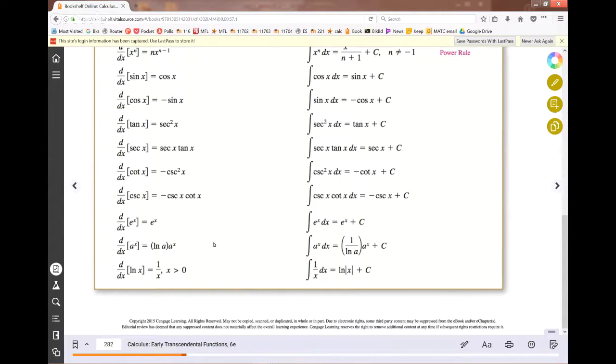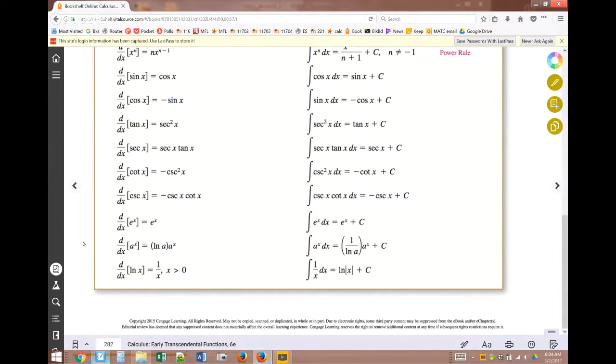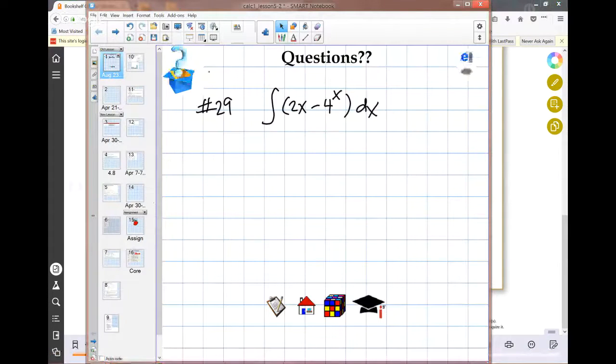So now, as we go to your problem, we all know what to do with the 2x, right? Up the power by 1, and then divide by that power. So it's going to wind up being x squared. And now on that second part, here's where we do what we did before.